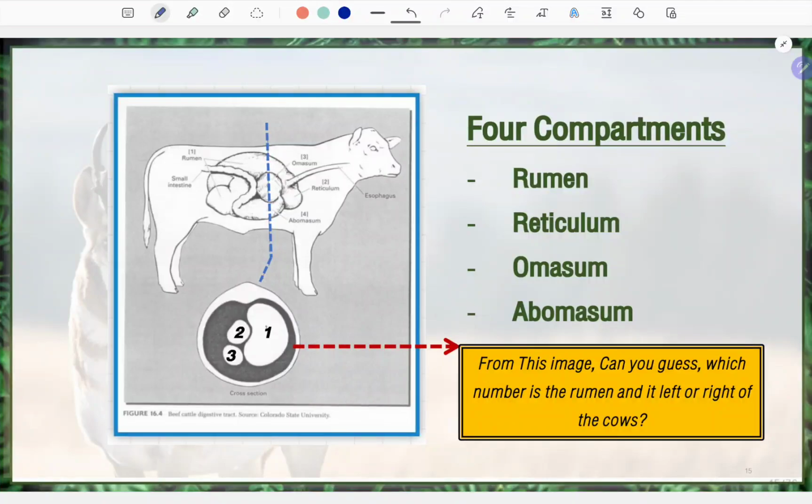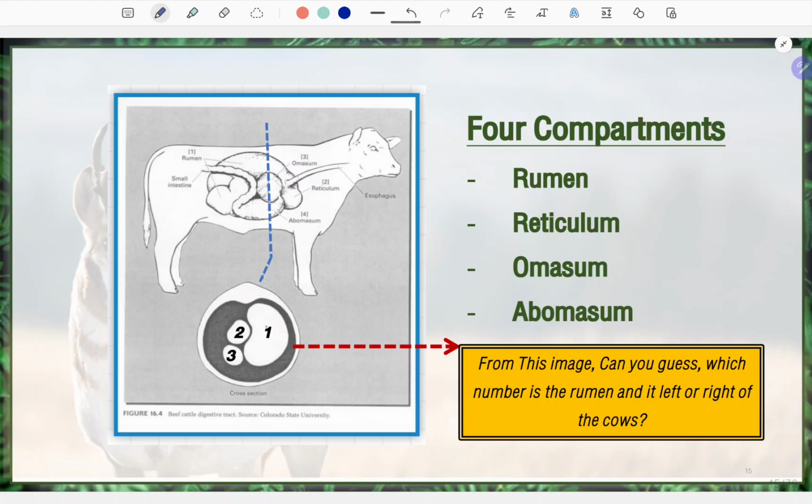If we look at the section of the body of the cow, we will understand which side inside the body the gastrointestinal tract sits in the normal size of the animal. Which side, left or right, is taken up by the rumen?